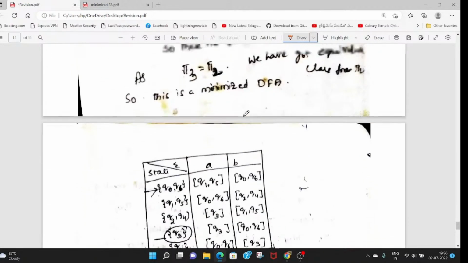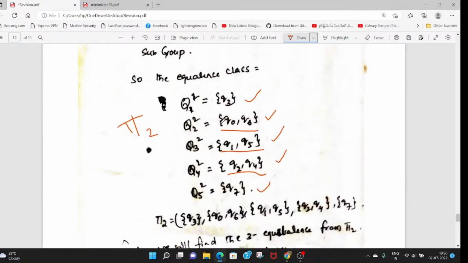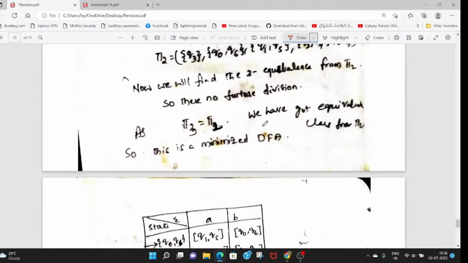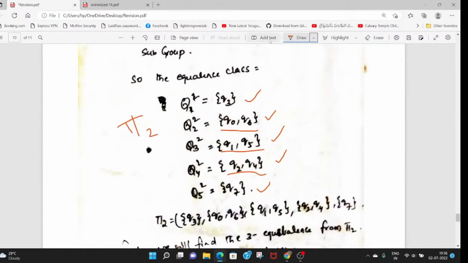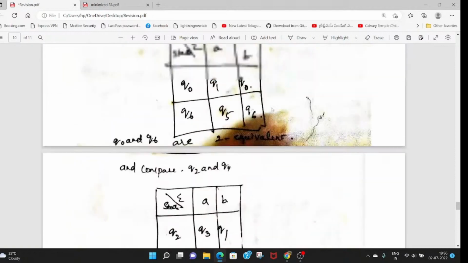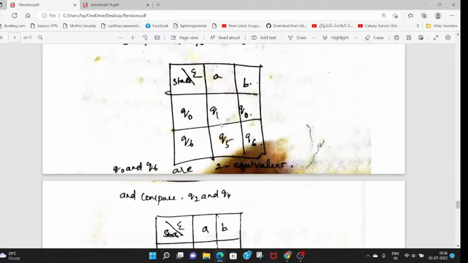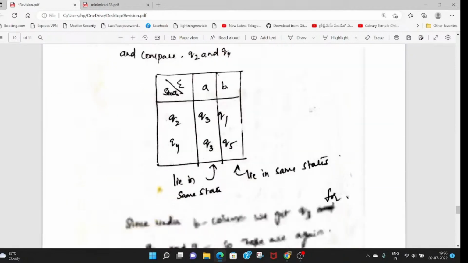So now I can have different states: Q0 is going to be compared with Q6, Q1, Q5 is compared, and Q2, Q4 is compared. So here we'll do that. Q0, Q6 is compared. So you can see Q0, Q6, Q1, Q5 and Q0, Q6.